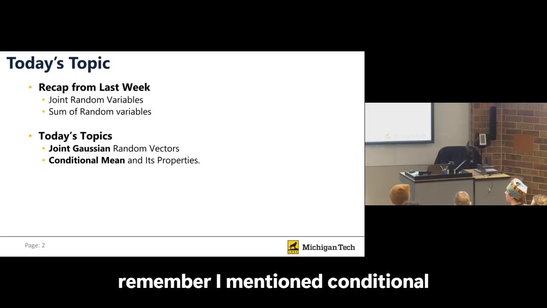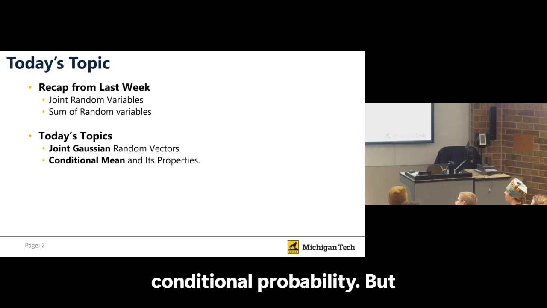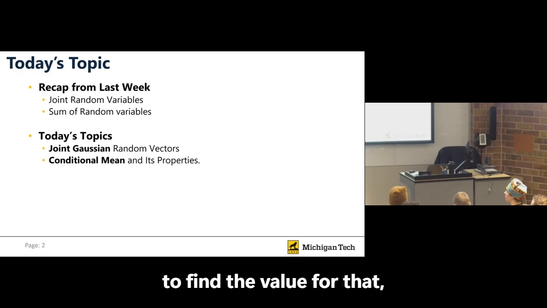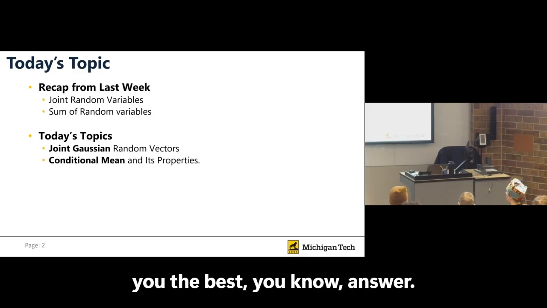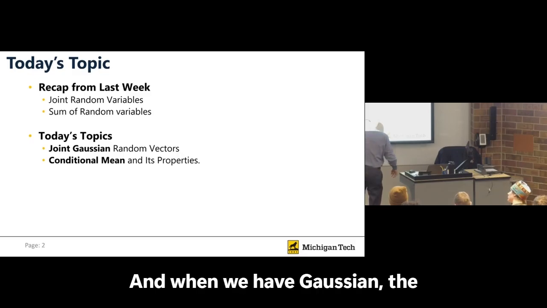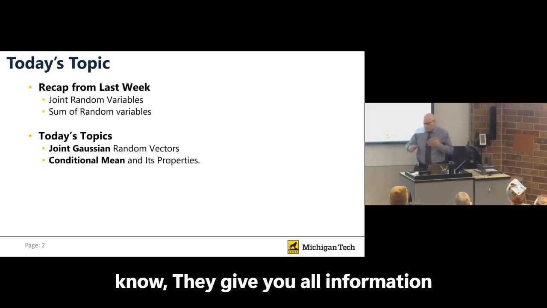If you remember, I mentioned conditional probability is the best estimation. But to find the value for that, the mean is going to give you the best answer. And when we have Gaussian, the mean and variance are everything.